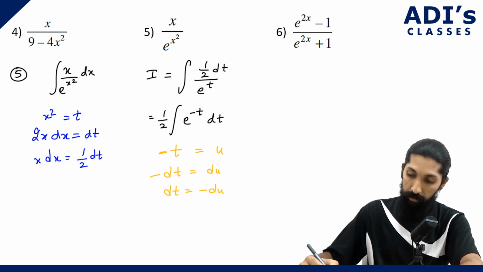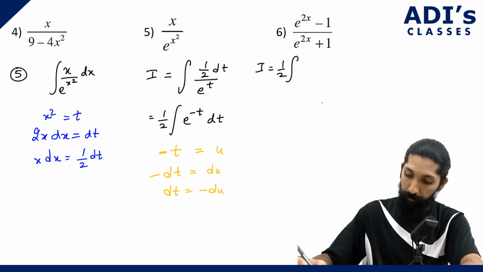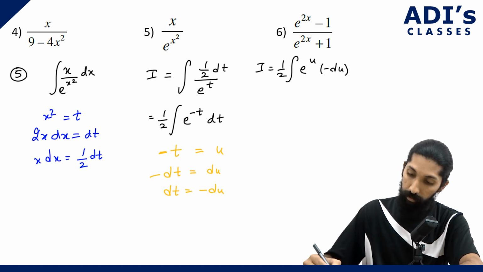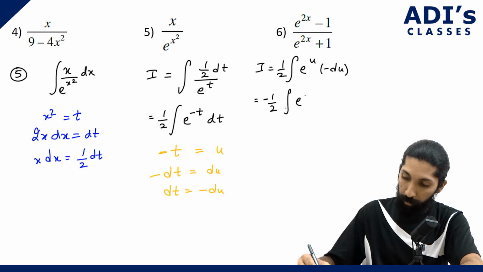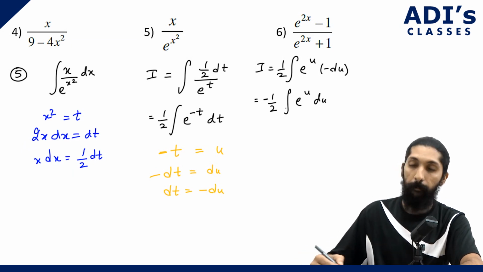That means this integral now becomes half integration of e to the power of u into minus du, right? So this will become half with a negative sign, half integral of e power u du.